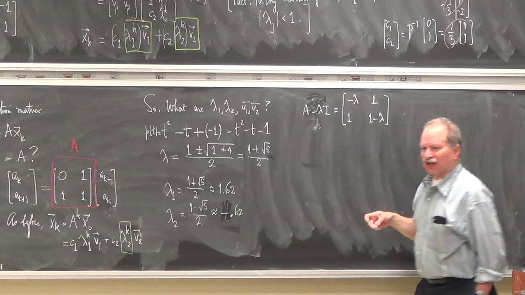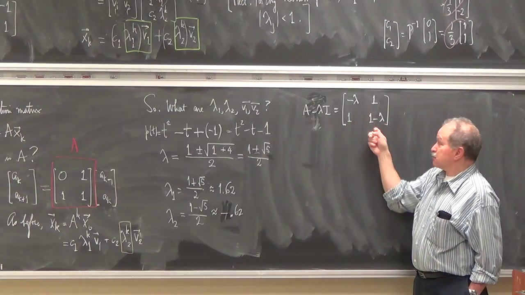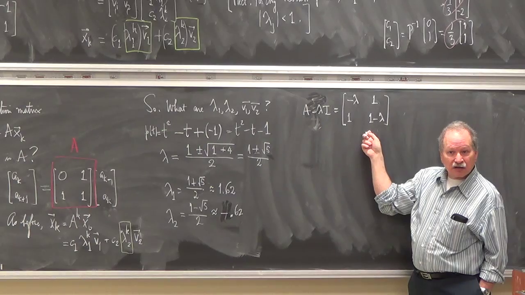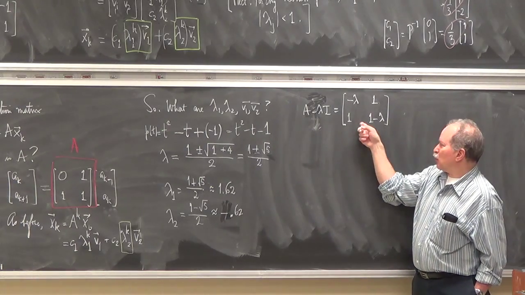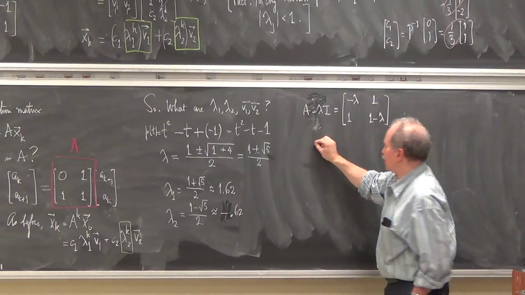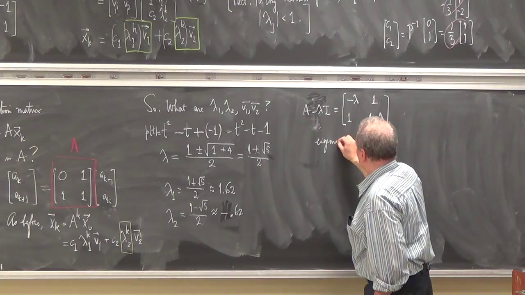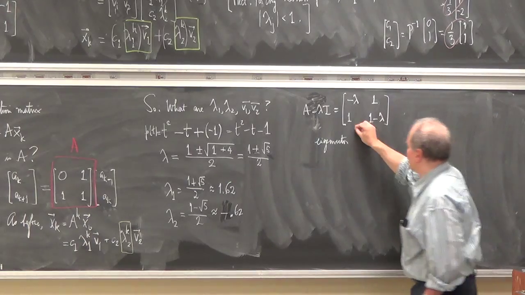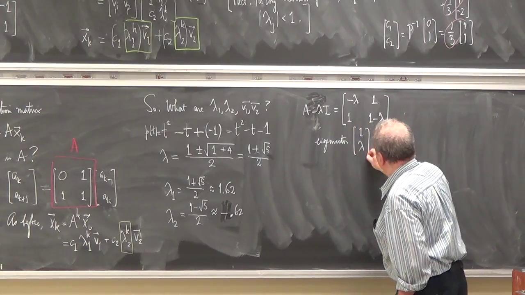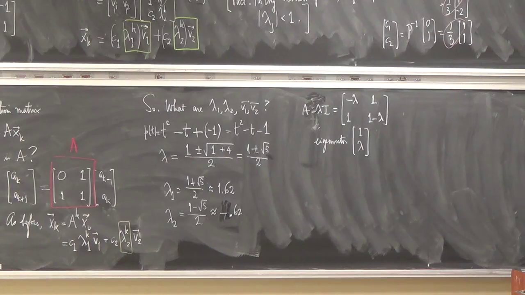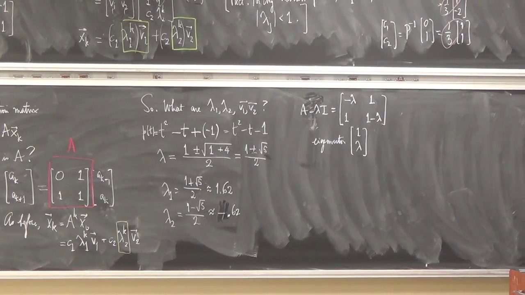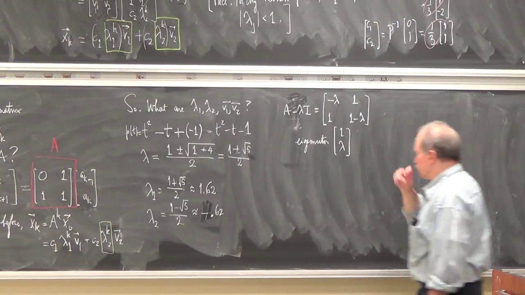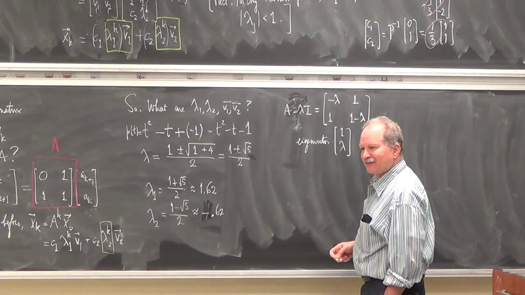But I know that the lambdas are chosen to make this matrix singular, which means this row is a multiple of that row. So the eigenvector with eigenvalue lambda is just (1, lambda). You can scale it, of course, but that's a basis for the eigenspace, for either lambda 1 or lambda 2.